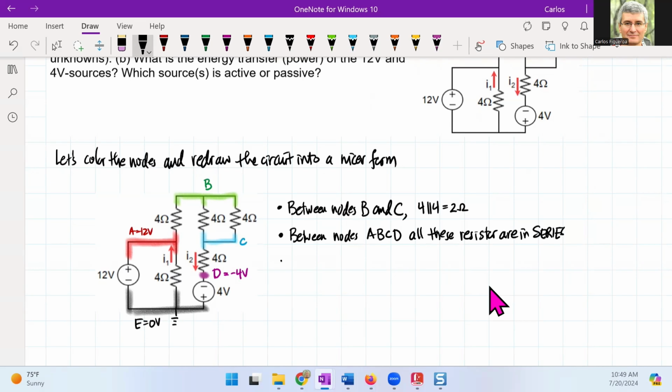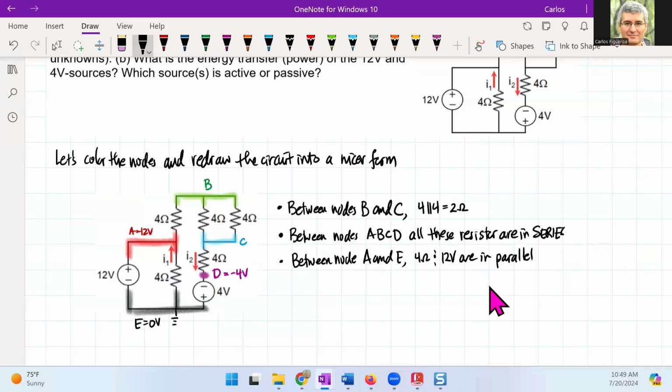And then just one last note, if you look at the nodes between A and E, I could see here that the 4 ohm and 12 volt are in parallel.